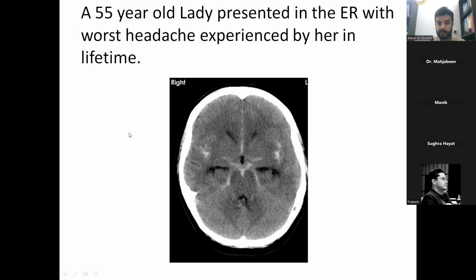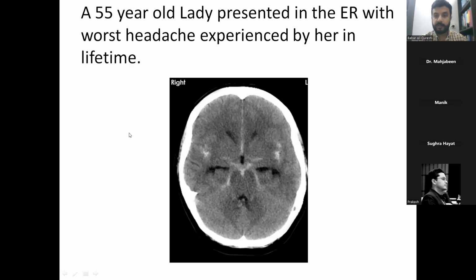Okay, if you do not treat this patient, what complications can the patient develop from here? What are the most common complications? The most common complication is re-rupture, which occurs within the first 24 hours, highest risk, and within the first week, sir. So re-rupture and higher mortality from re-rupture.